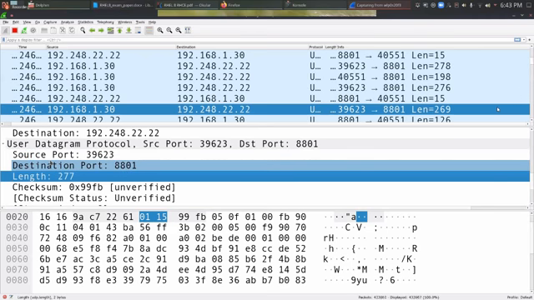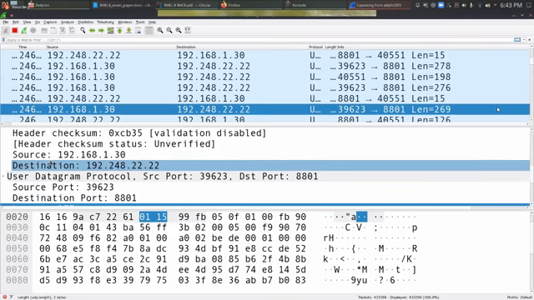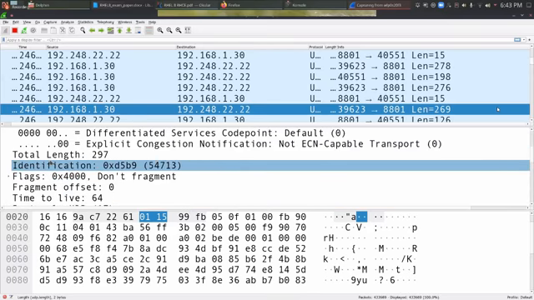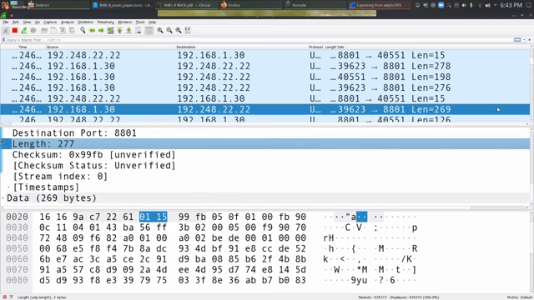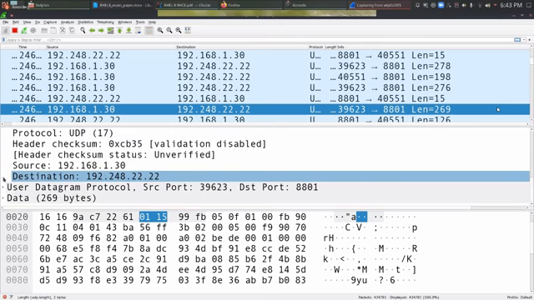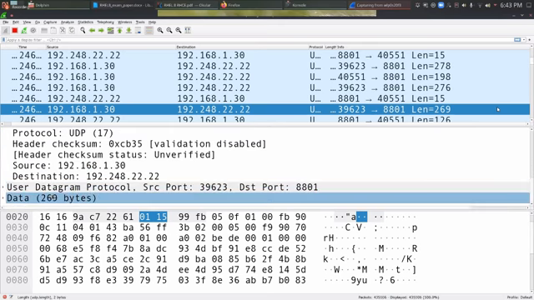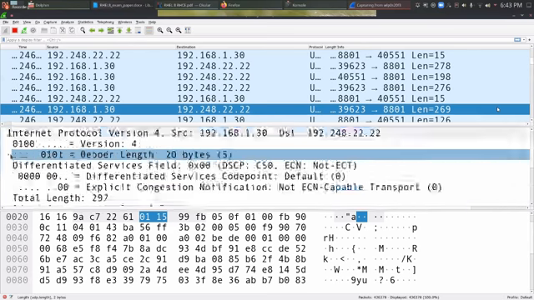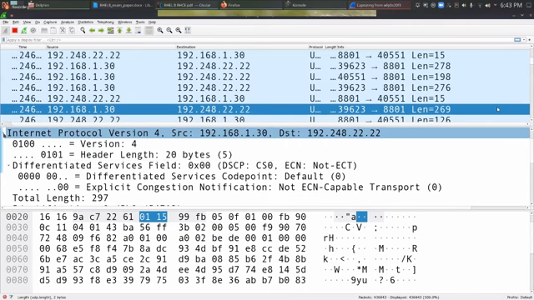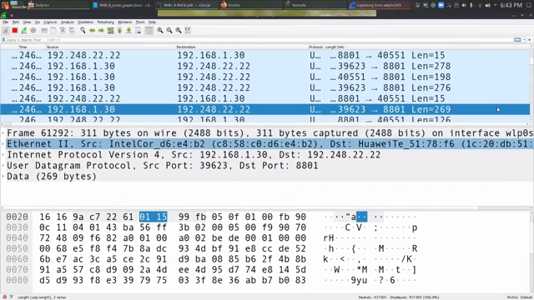This is the TCP IP header, and this is the IP header. The third layer, you can see different types of header information. So I'll show you that one. This is what we call data, 269 bytes. This is what we call a TCP IP header. This is what we call an IP header, and then they will be adding the Ethernet header as well.